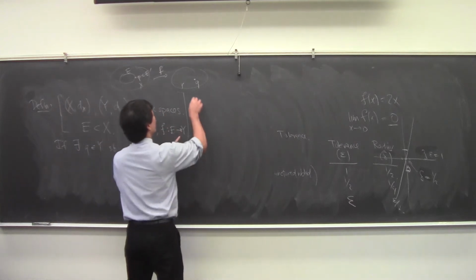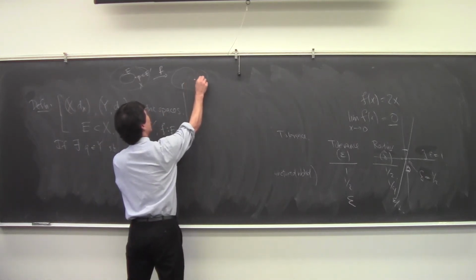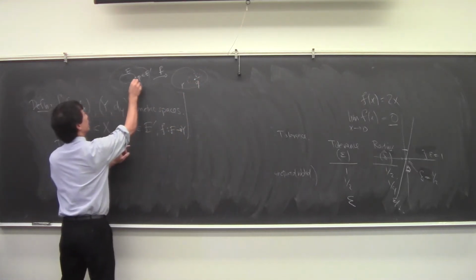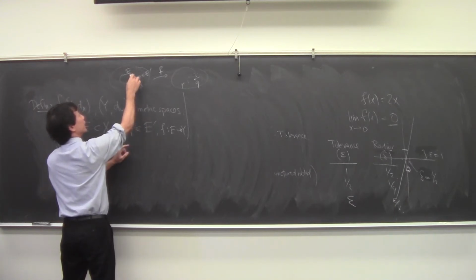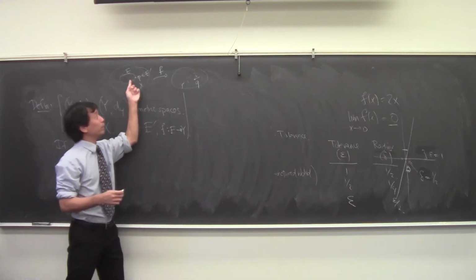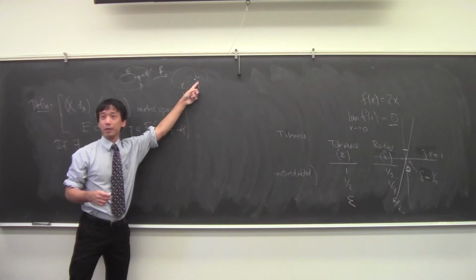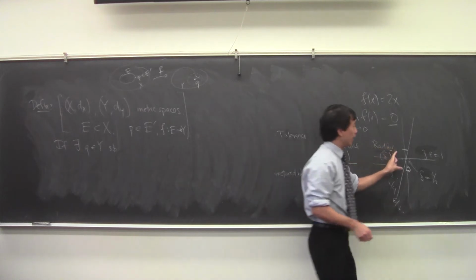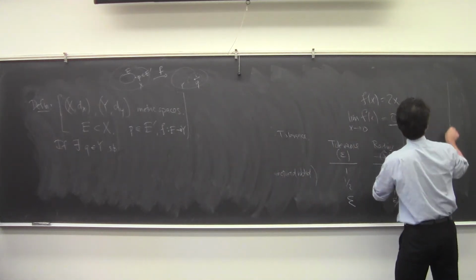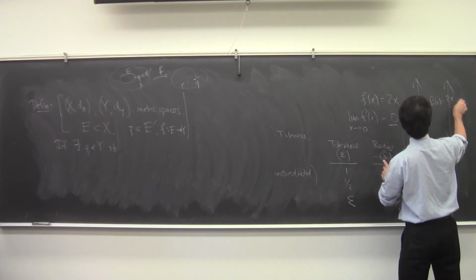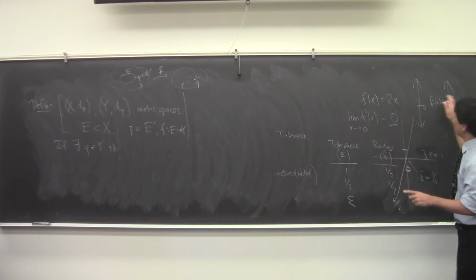Given any epsilon neighborhood of q, there's a delta neighborhood of p, so that all the points in E that are inside that punctured neighborhood are mapped by f inside of the epsilon neighborhood. This is exactly the same notion as this. You've got your map f, from here to here.